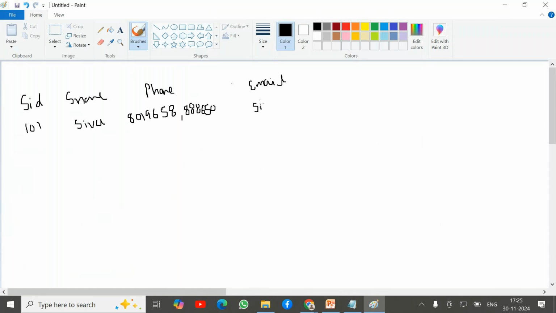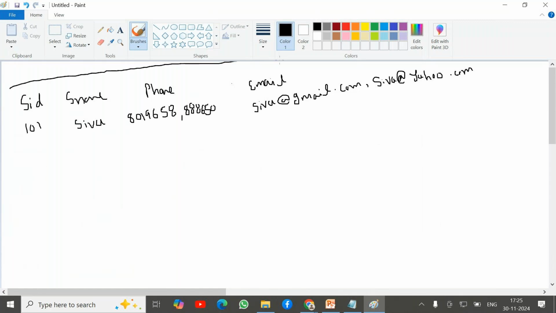Now here, Shiva at gmail.com. Next one, Shiva at yahoo.com. Now we can divide the table.